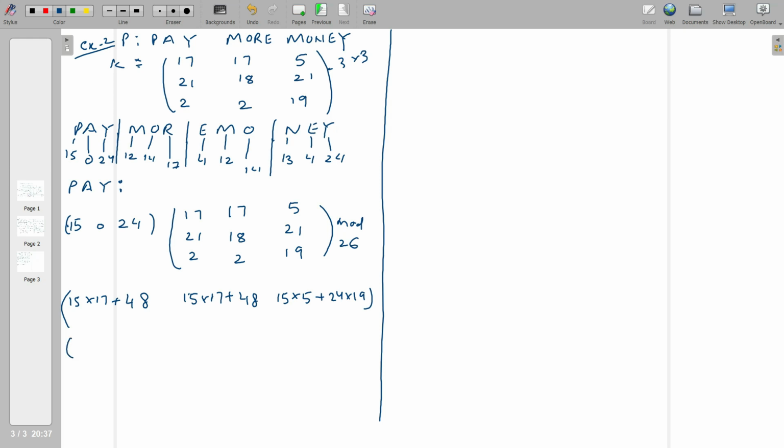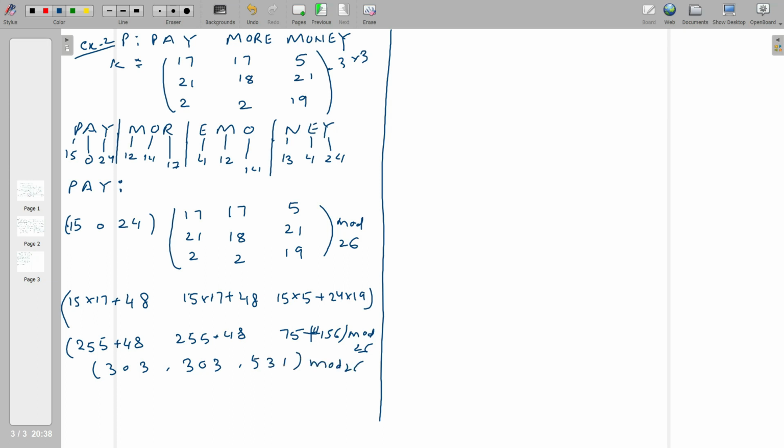Now 15 into 17 is equal to 255. 255 plus 48 is 303. So both of these are going to be 303, and this is 531, and it is mod 26.